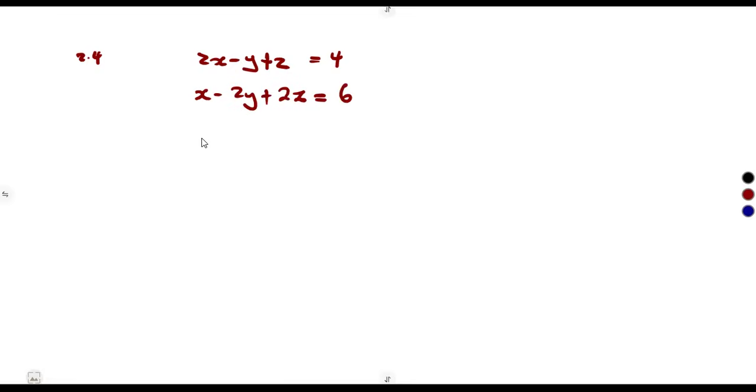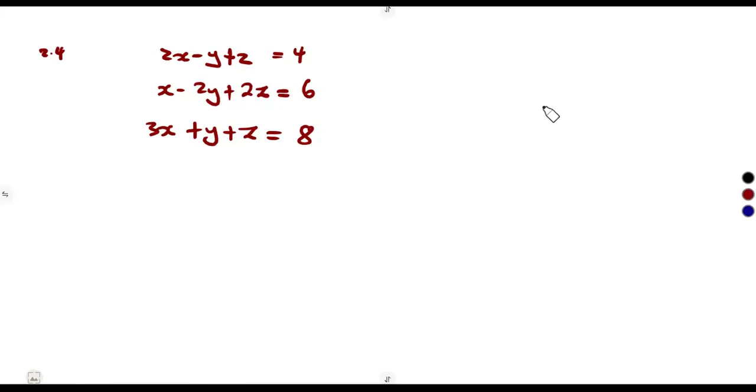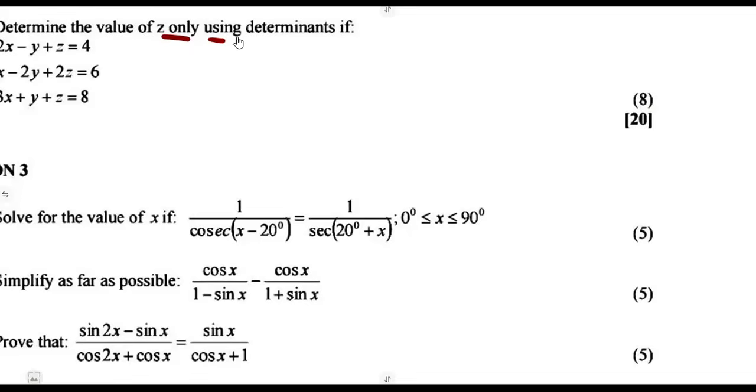So 2.4, you were given 2x minus y plus z equal to 4, then x minus 2y plus 2z is equal to 6, and 3x plus y plus z, which is equal to 8. So that's it, guys. They said we must calculate z only here using our determinants.